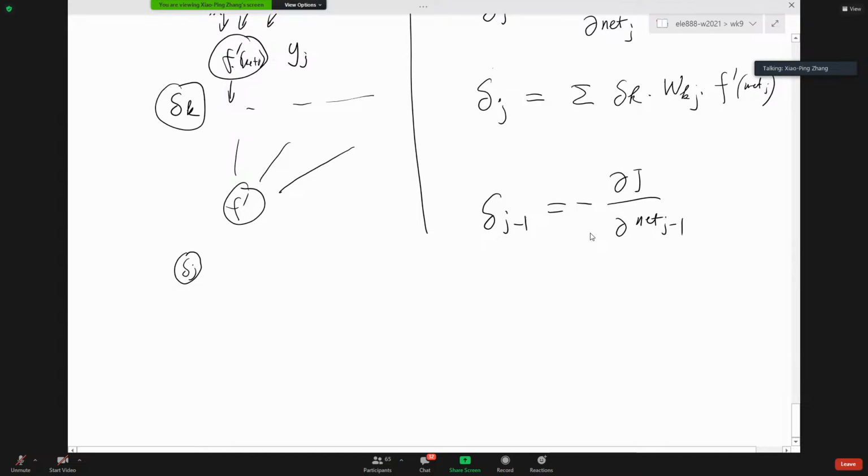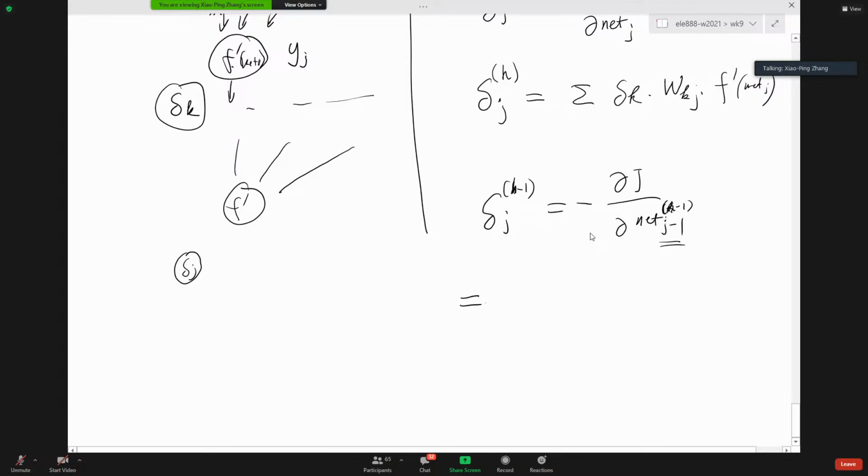So assuming this is a hidden layer, called H, hidden layer H, right? This would be hidden layer H minus 1. Because in the H minus 1 layer, there are many nodes, and this is a particular node, right?